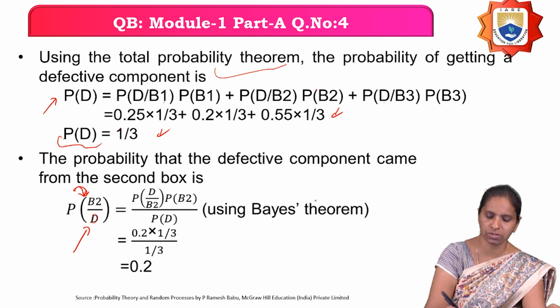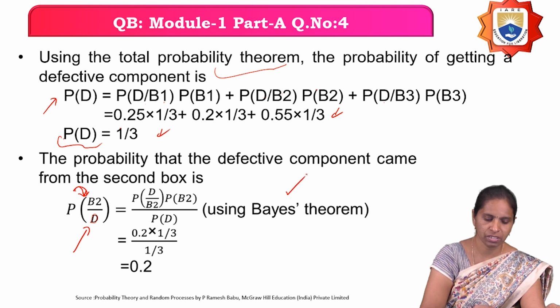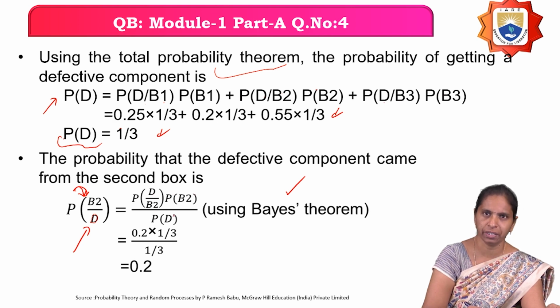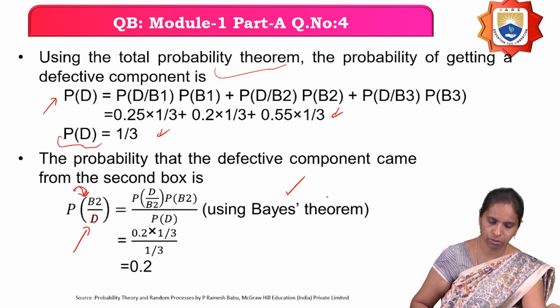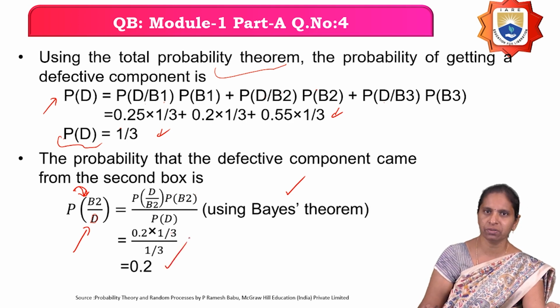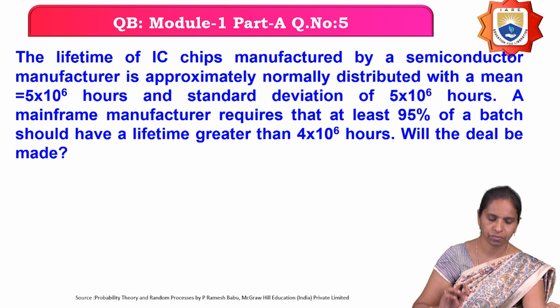Then for that you have to use Bayes theorem. What is Bayes theorem? P of B2 by D equals P of D by B2 into P of B2 by P of D. So what is P of D by B2? Nothing but 0.2, into P of B2, 1 by 3, by P of D, which is 1 by 3. Therefore P of B2 by D equals 0.2.